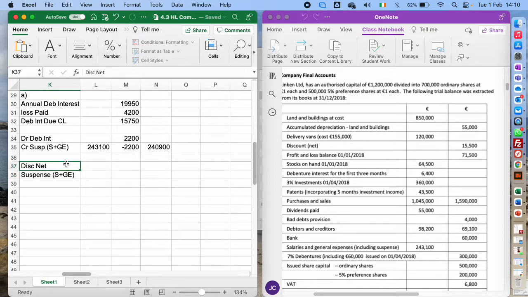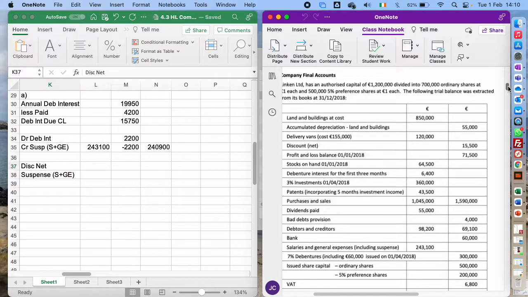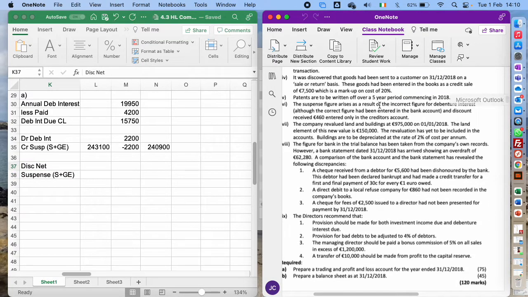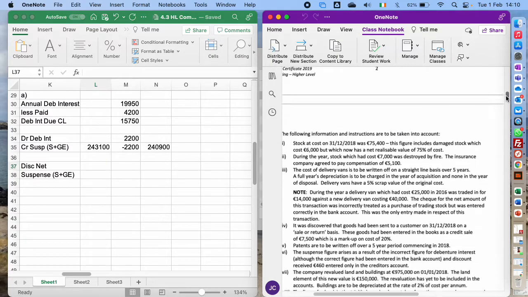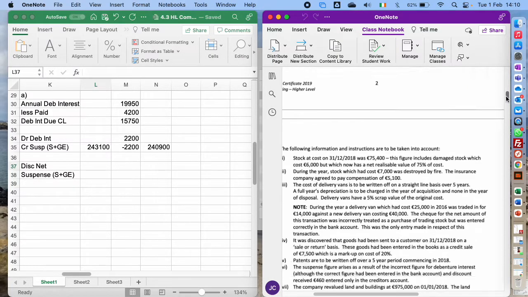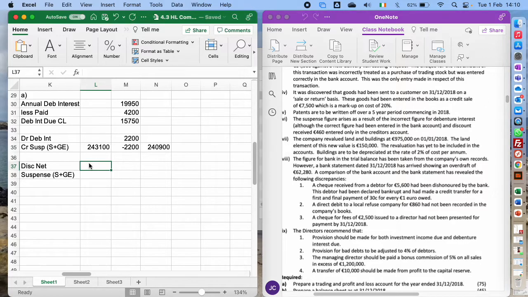Now, just quickly checking, what did it say? Discount received 460, entered only in the creditor's account. So the discount net figure, which was 15.5, yeah, 15.5, so we have 15,500, and then we have salaries and general expenses, which we've already dealt with.